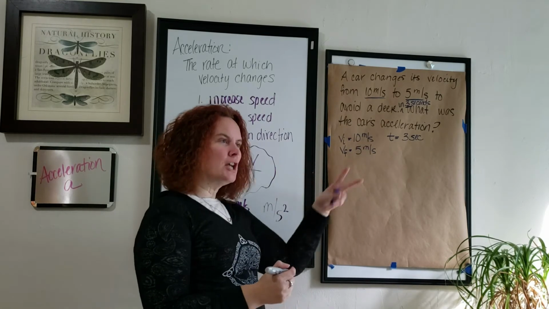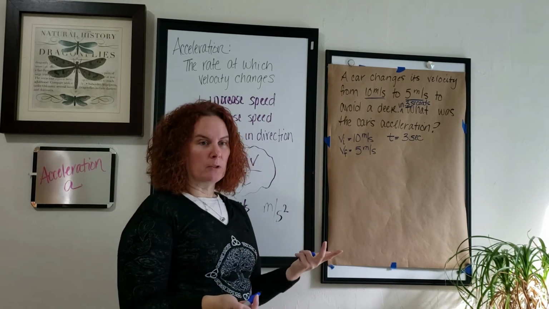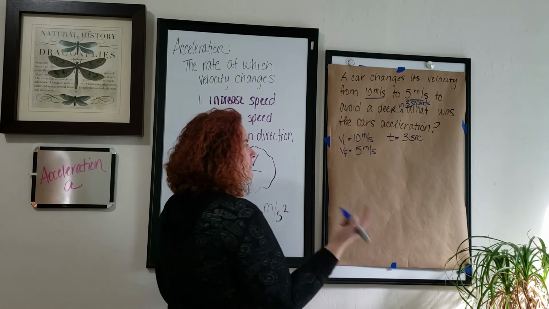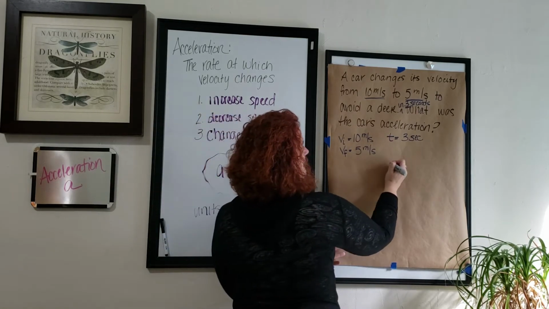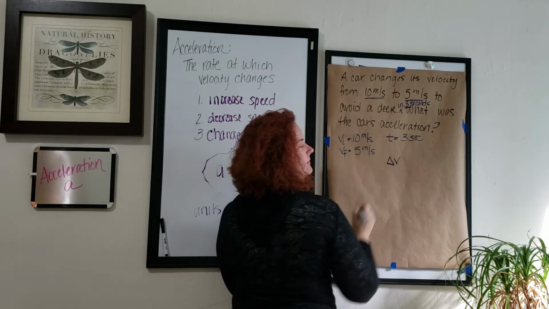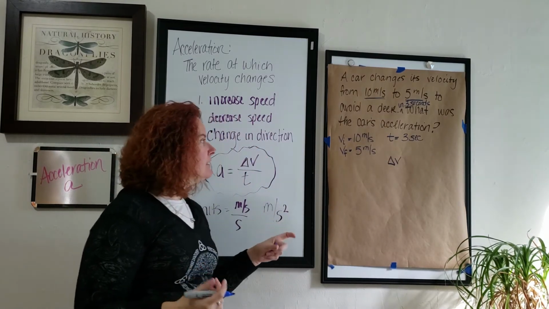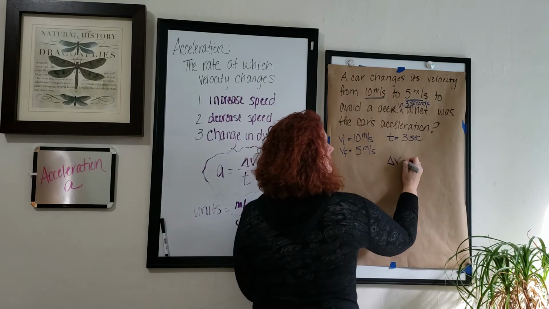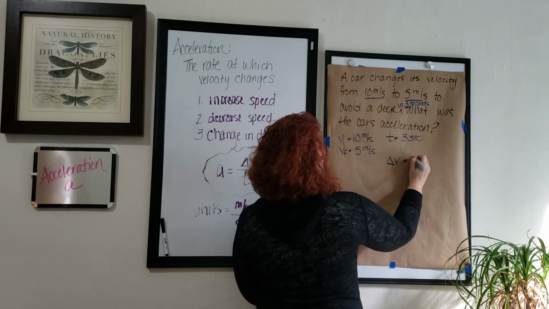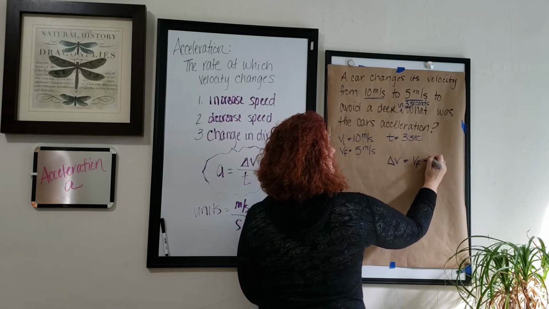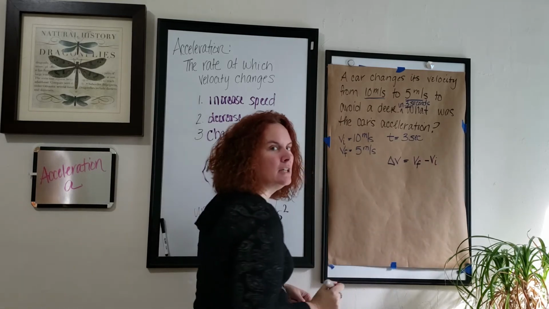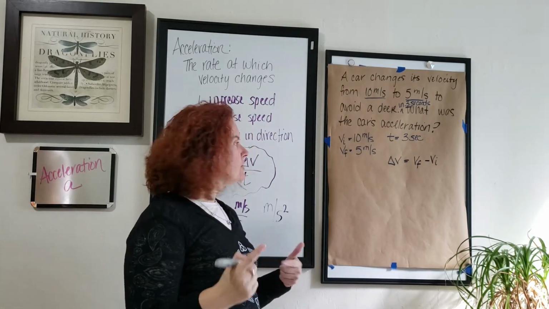So it's always, generally speaking, a 2-step problem. So the first thing that we have to do is figure out our delta v. Anytime you have a change, that delta, it's always final minus initial. So it's v final minus v initial. And you can plug it in that way and just do it.